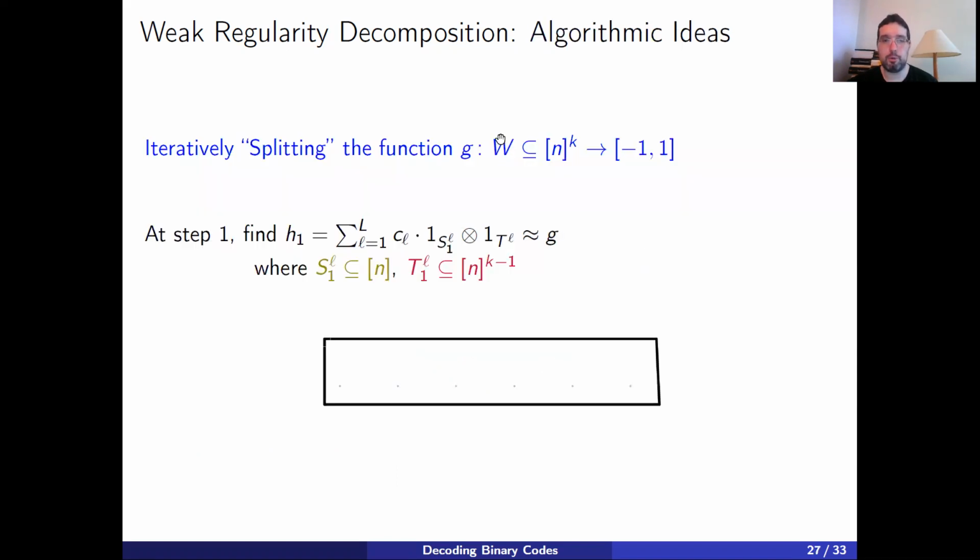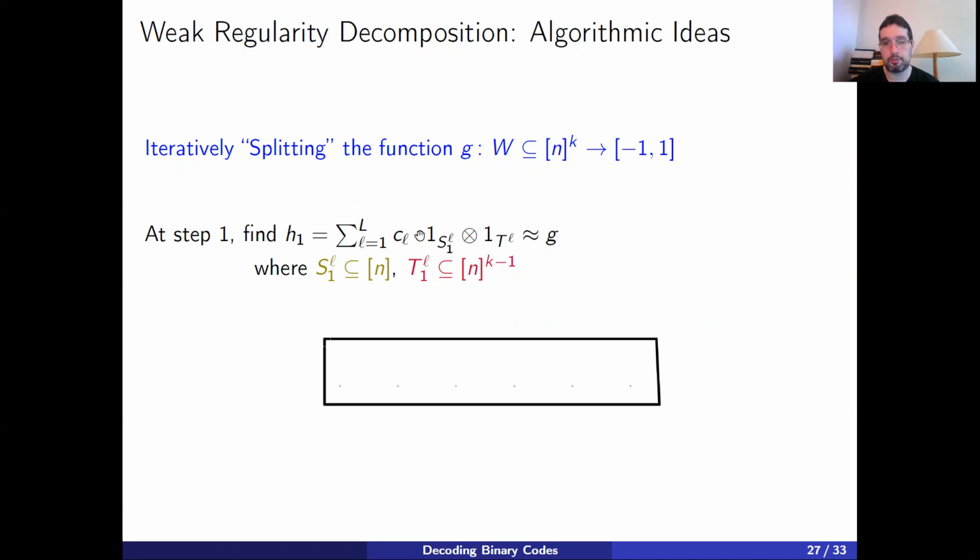And the goal is we have this function g that we want to decompose. Decomposing it in one shot into tensors like this may be complicated. So you're going to have an iterative procedure that breaks this big function, this space, into a sum of 2-tensors, 3-tensors, and so on. So at the first step, you're going to have a summation of this form.